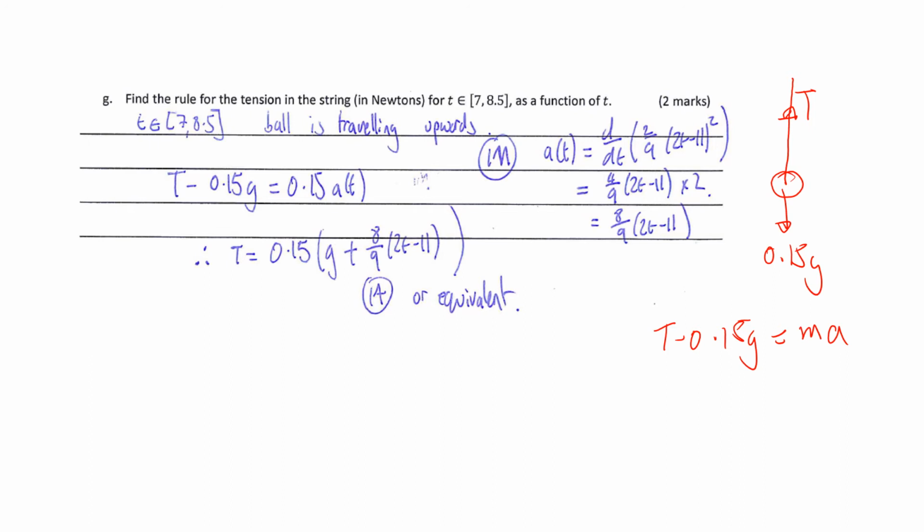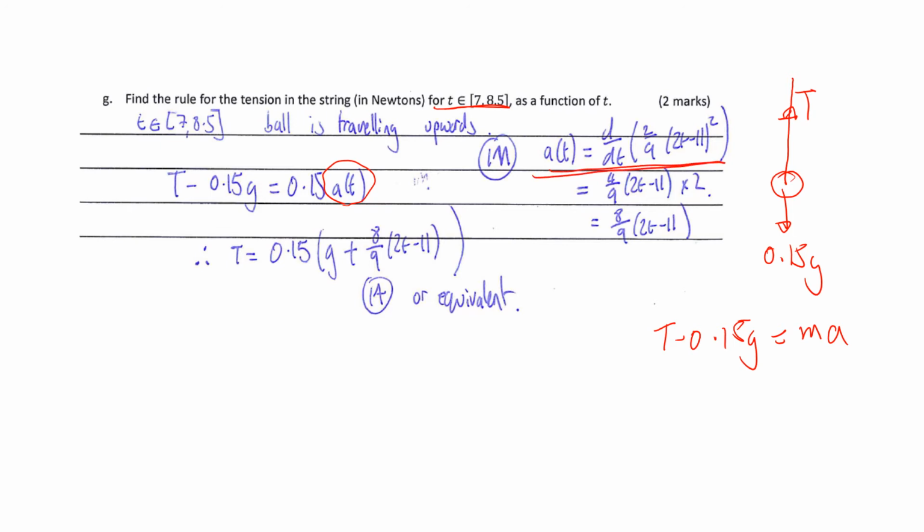Okay, but what's the acceleration in this particular case? Once it's hit t equals 7 to t equals 8.5, over that 1.5 seconds, it's now traveling upwards. So acceleration in this particular instance is not constant, but is in fact variable acceleration. How do I arrive at a rule for the variable acceleration? Well, we've got a rule for our velocity.